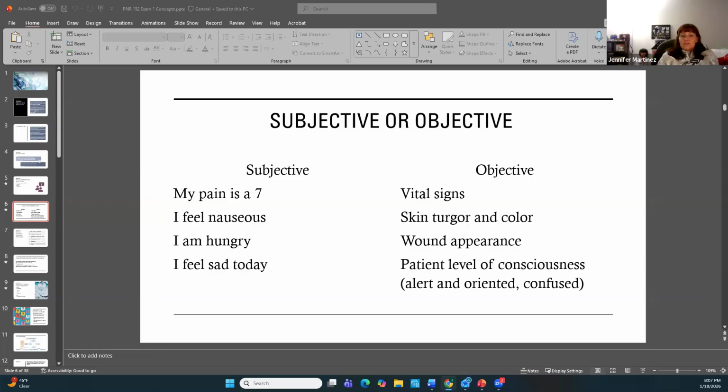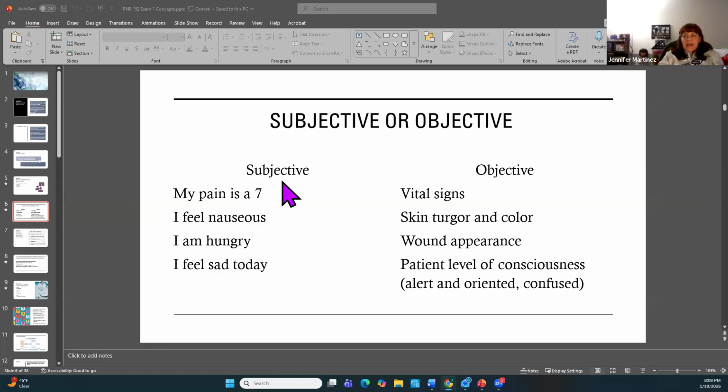Vital signs as well are objective measures, because we can get numbers to quantify that. Skin turgor, color, wound appearance, their level of consciousness. Your objective data also could be height and weight. It also could be lab results, x-ray results, things that we can verify.